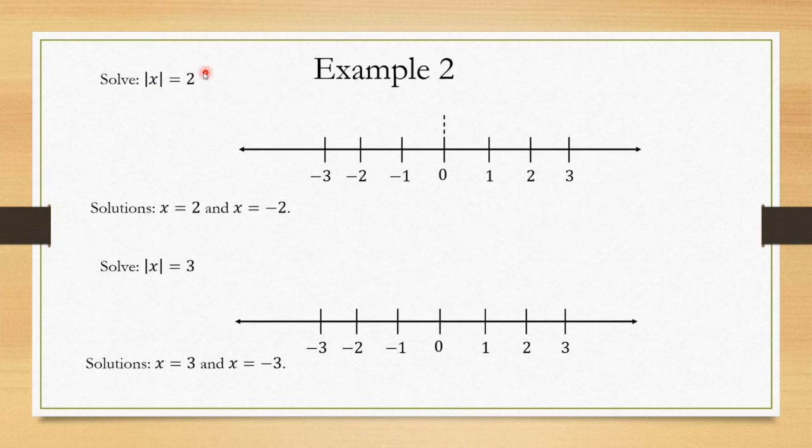What is this equation saying? What are we looking for? We're looking for all numbers whose absolute value is 2. In other words, all numbers whose distance from 0 along the number line is 2.